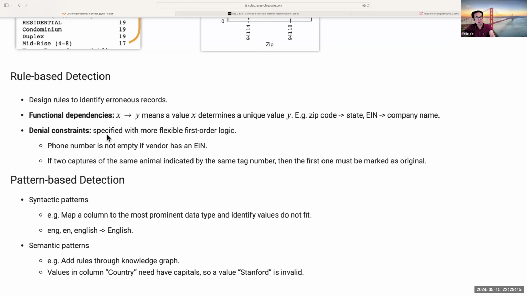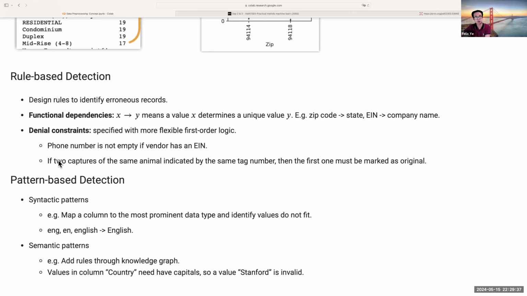And you can also use denial constraints as well. This is a more flexible first-order logic. For example, if the vendor has an EIN, which is the number identifying the company, then the phone number cannot be empty, because this is by the rules of the companies.